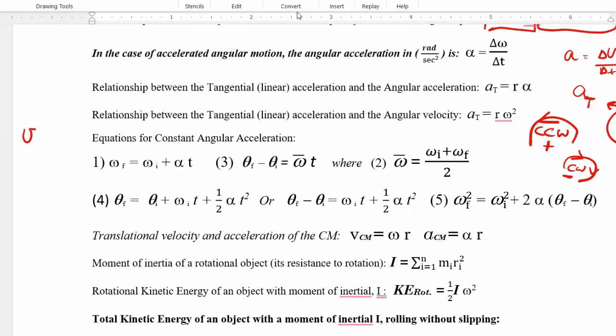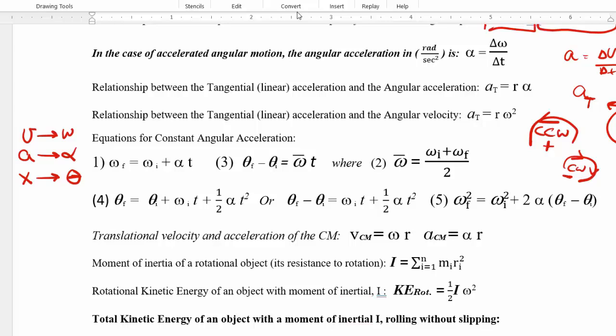We replace v by omega, which is the angular velocity. We replace a by alpha, which is the angular acceleration, and we replace the displacement x or y with the angle theta.